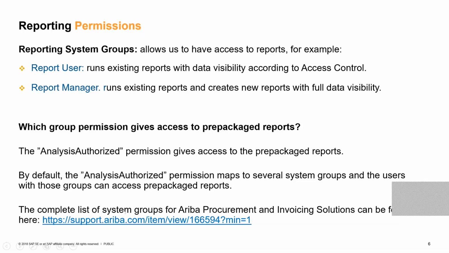Before we get started with the demo, I will show you the list of which system groups can have access to these prepackaged reports. Again, the data that you can access in reporting depends on your user permissions, and also on which applications and solutions you have turned on in your system.